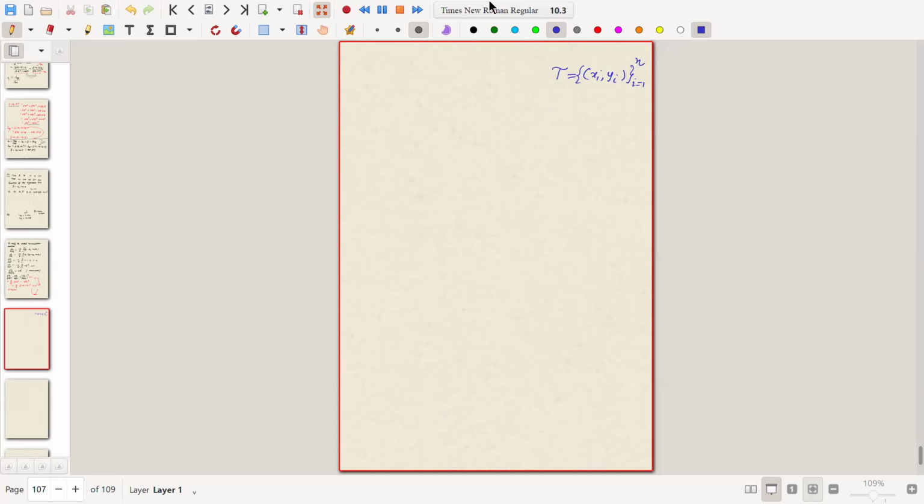It looks like a flowchart. What I'm drawing, is it making sense?